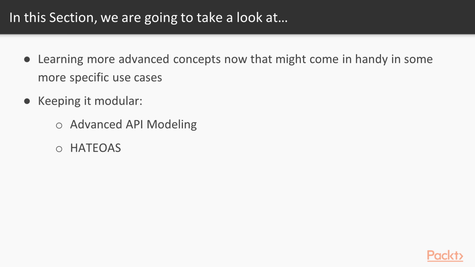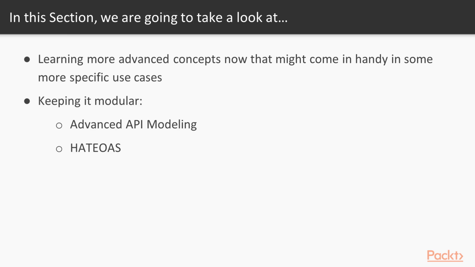And in this section in particular, we're going to see more details about advanced API modeling, so how we can better model our problem into our models and later into our APIs. Okay, we're also going to see how to implement nested resources, which is something very useful that might come in handy when designing the models of your API.